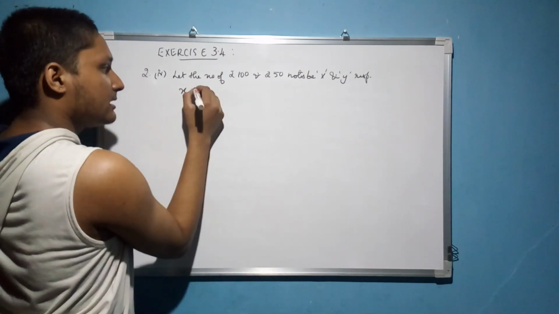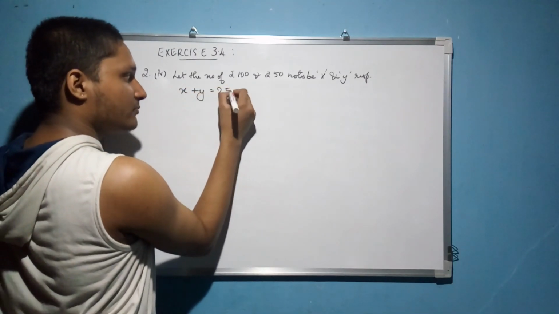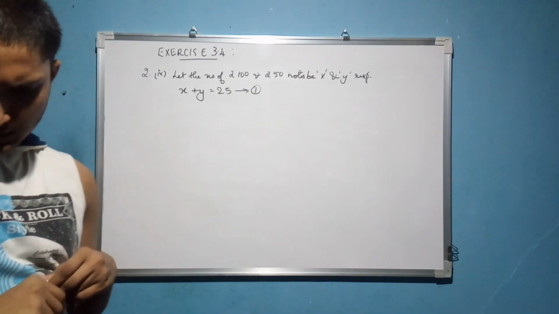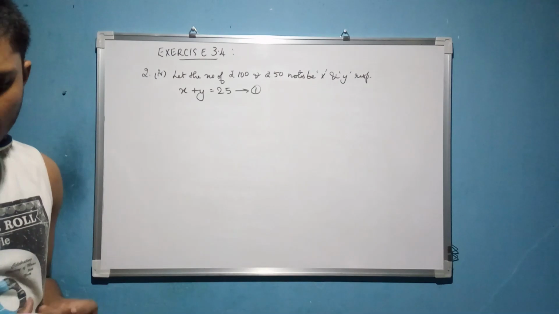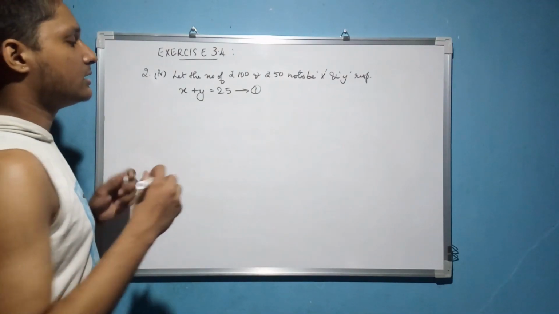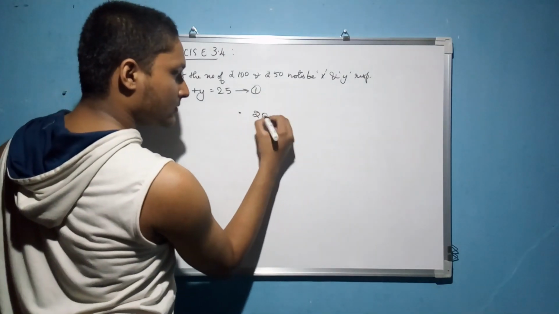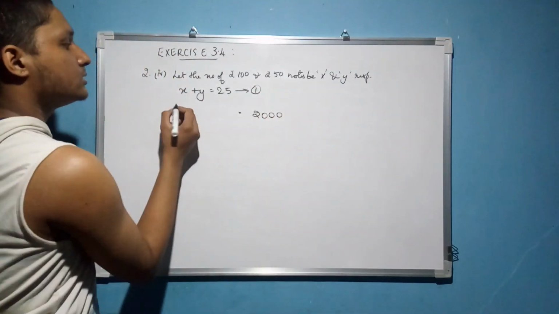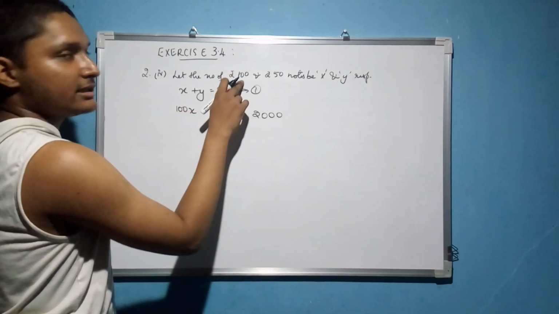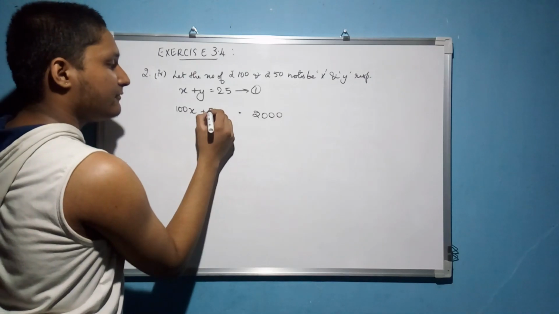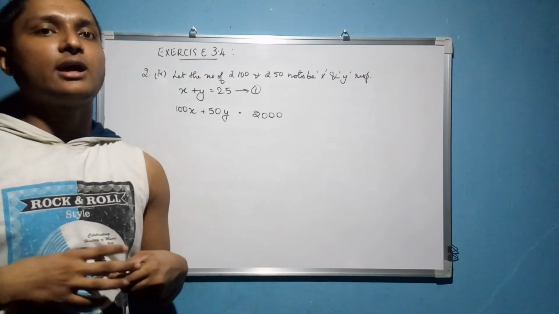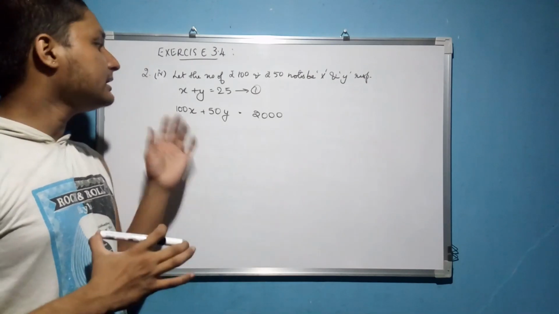Now the total number of notes was 25. That was the easier case. I can write directly x plus y is equal to 25 as the first equation. Now the second one, the total amount she is going to get is rupees 2000. So 100 times the number of 100 rupee notes and 50 times the number of 50 rupee notes give the value of how much money she got in each case.